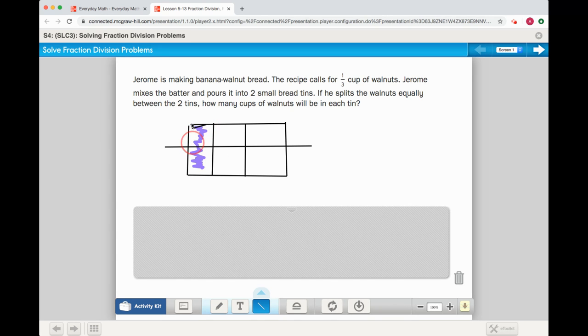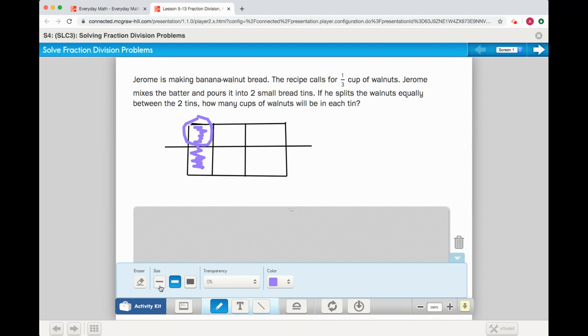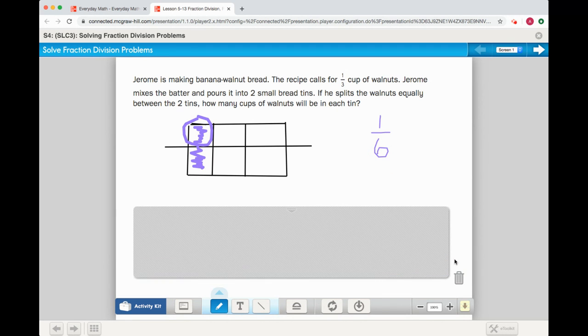If you look at the one shaded piece, what would your answer be? Your answer would be 1/6.